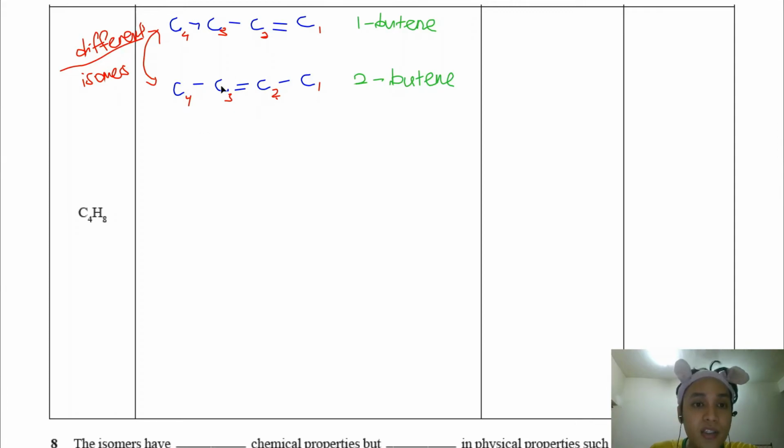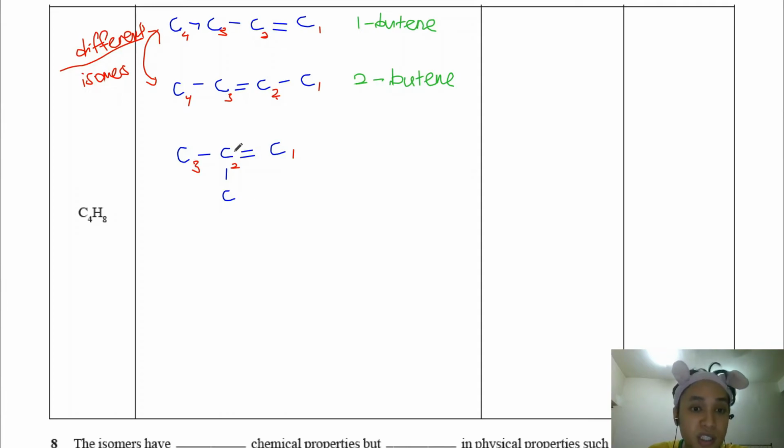Okay, so now I change it to 3 carbon instead of 4 carbon. Remember, this one is 4, right? I remove one step, go down one step, meaning I make it into 3 carbons. And then I put the carbon here, and then I put the double bond. So again your numbering: 1, 2, 3.